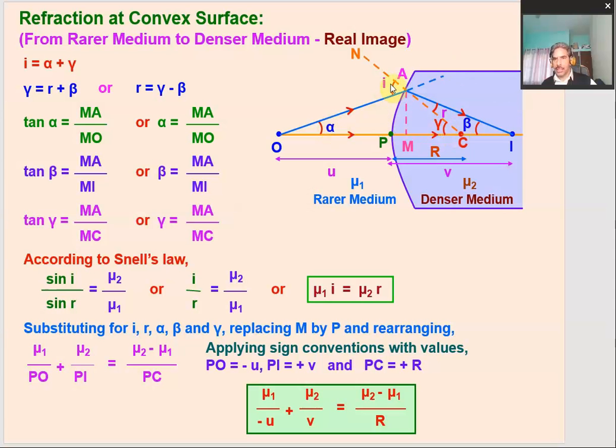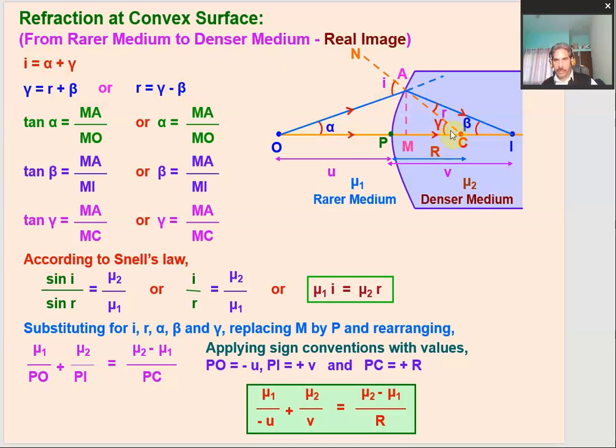So I is the exterior angle here in triangle OAC. So I will be equal to the sum of the two opposite interior angles. These alpha and gamma are the opposite interior angles for the exterior angle I. So I will be equal to alpha plus gamma. You can write this from triangle OAC by using the exterior angle property: angle I is equal to angle alpha plus angle gamma.